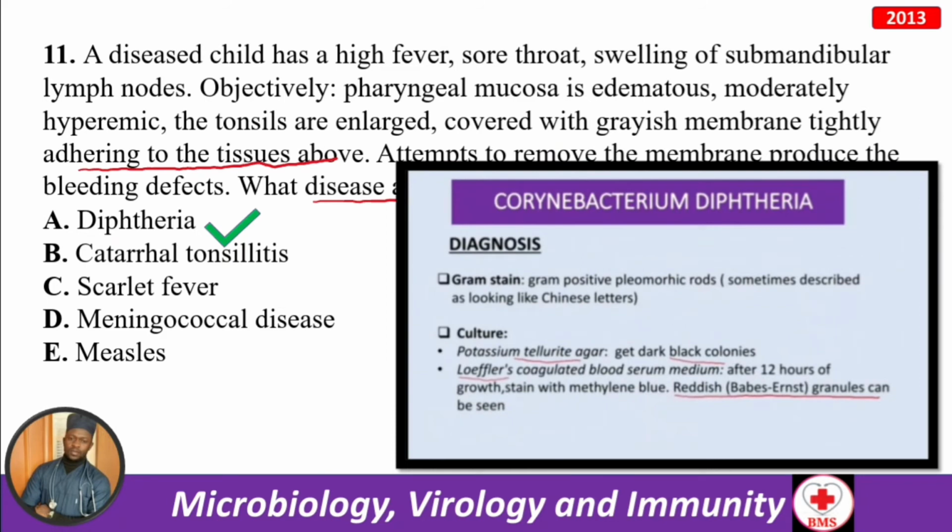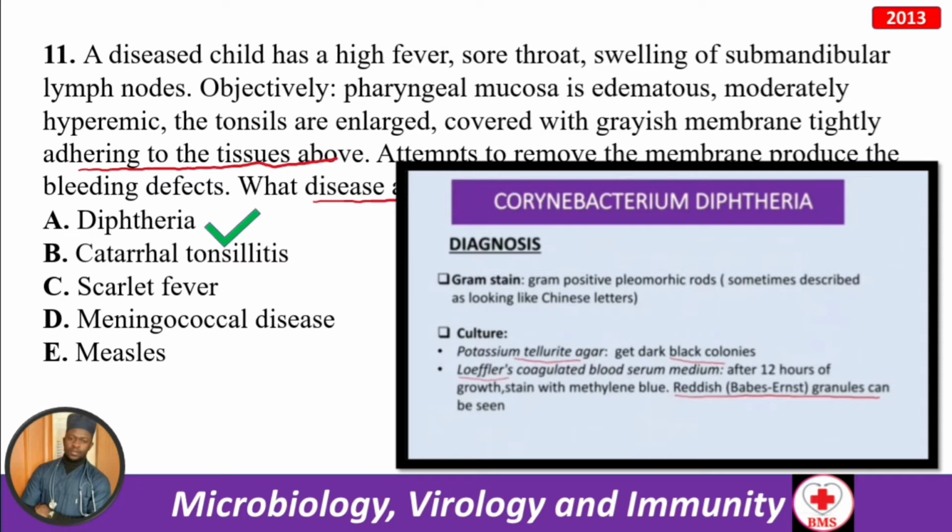Okay. So here I just picked a random slide on diagnosis, right? So firstly, gram staining, right? So there will be gram-positive pleomorphic rods, which are sometimes described as looking like Chinese letters. We can also use culture method, right? Firstly, there is potassium tellurite agar, right?